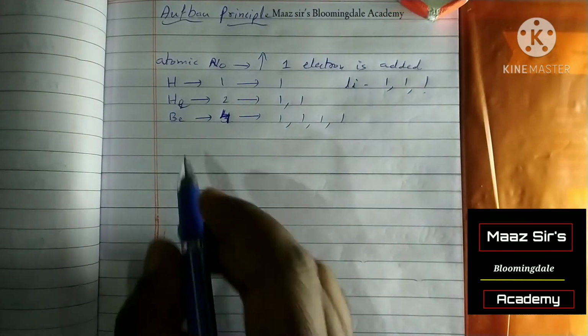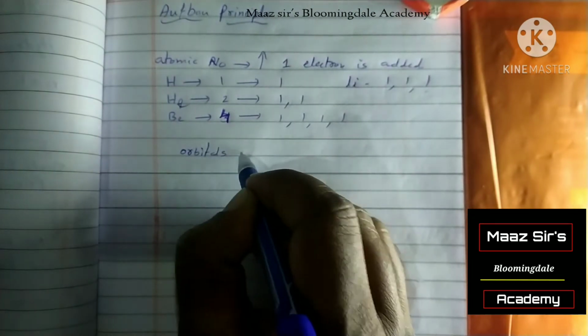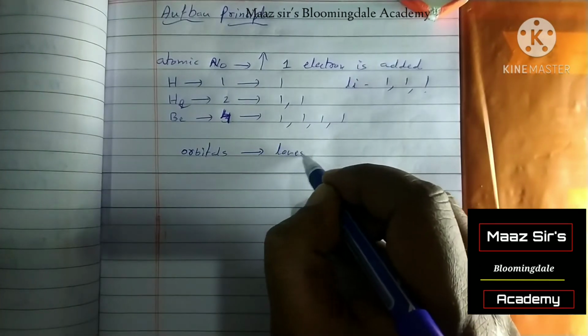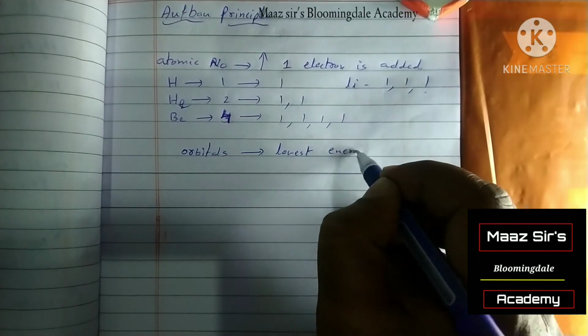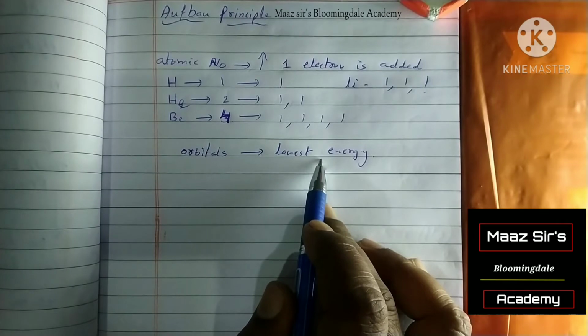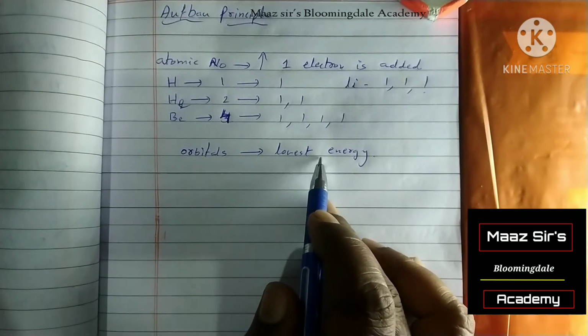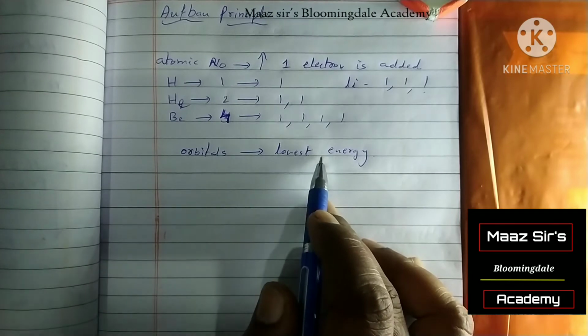So how is it increasing? First of all, the orbitals with lowest energy will be filled first. Then afterwards the electron will go to the next orbital.